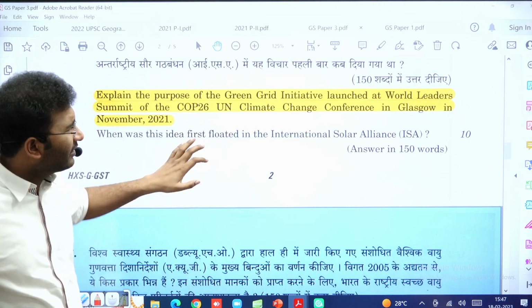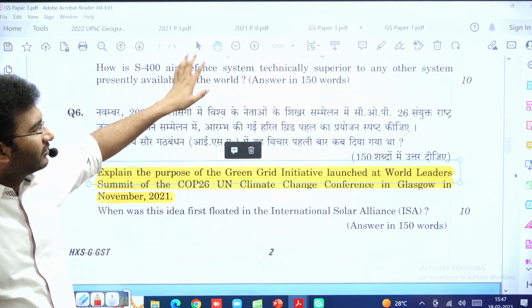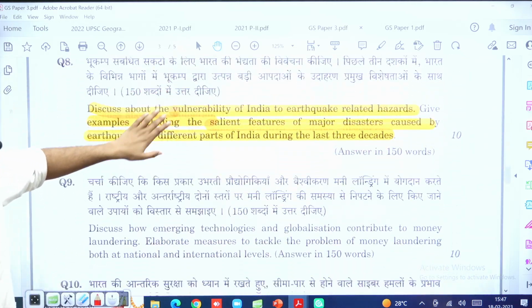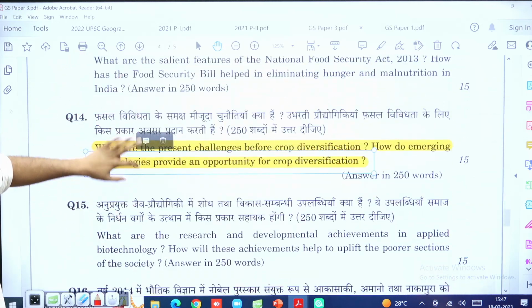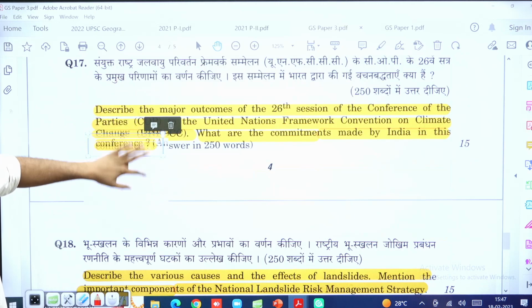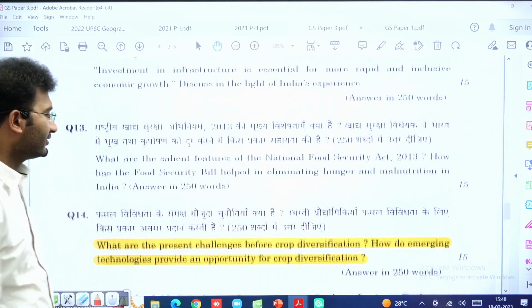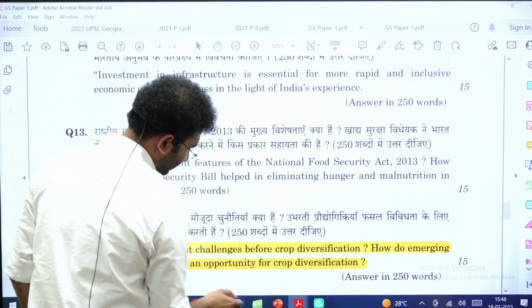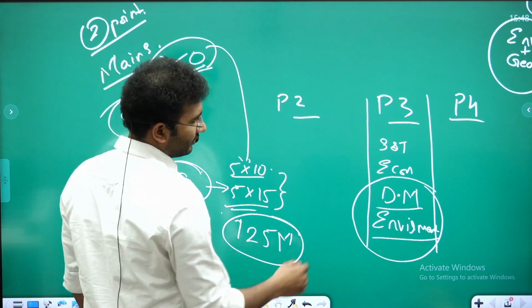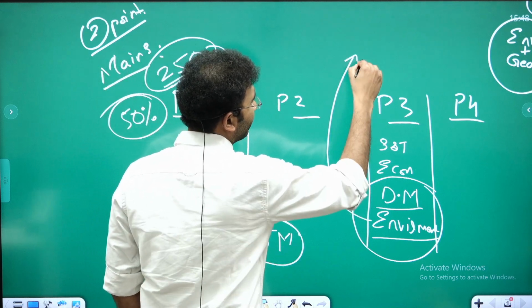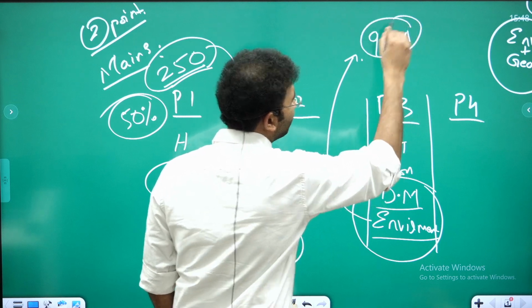So broadly speaking, just calculate the number of marks here: 10, 20, 30, and then you have two more questions, 50 plus 15-marker questions, 1, 2, 3. So 3 15-marker questions and 5 10-markers. Together this accounts for near about 90 marks. If not 90, sometimes 100 marks.